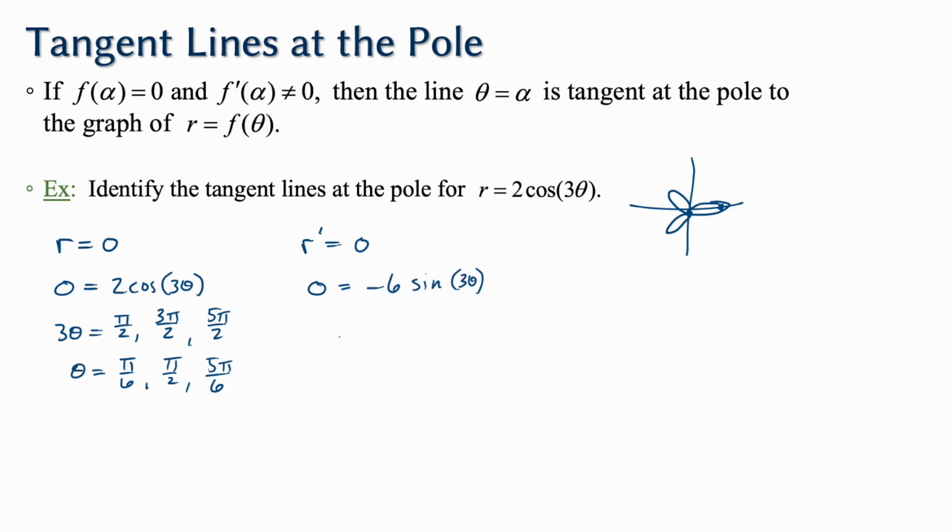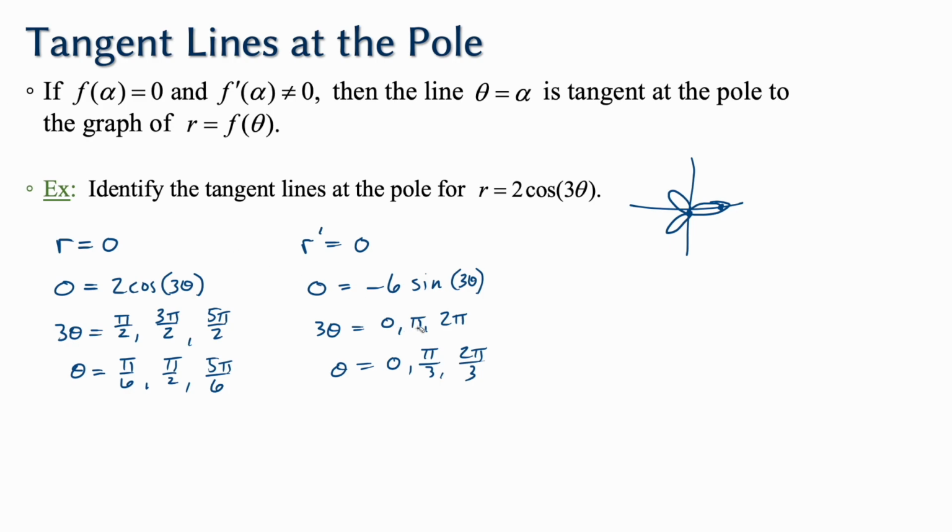And again, we're going to solve that for 0, which means we need 3 theta to be the angles that make sine equal 0. So that's obviously going to be 0, pi, 2 pi, and so on. I'm only going to go that far because that's all I need, because that's going to tell me I'm going to have a 0, a pi over 3, and a 2 pi over 3. And when I'm looking at these places, yeah, that doesn't work for any of these.